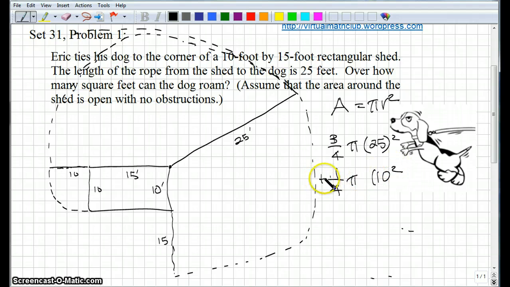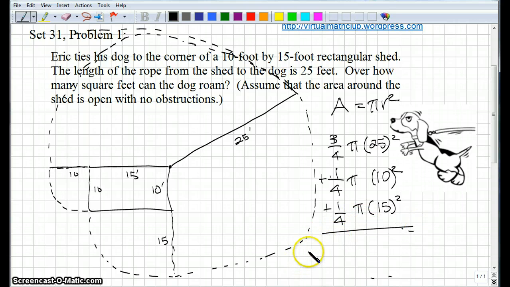We have to add that in. And then over here, his rope continues to pivot around with a radius of 15 feet. So we have another quarter of a circle, but the radius is 15 feet. So 1/4 pi times 15 squared, right?